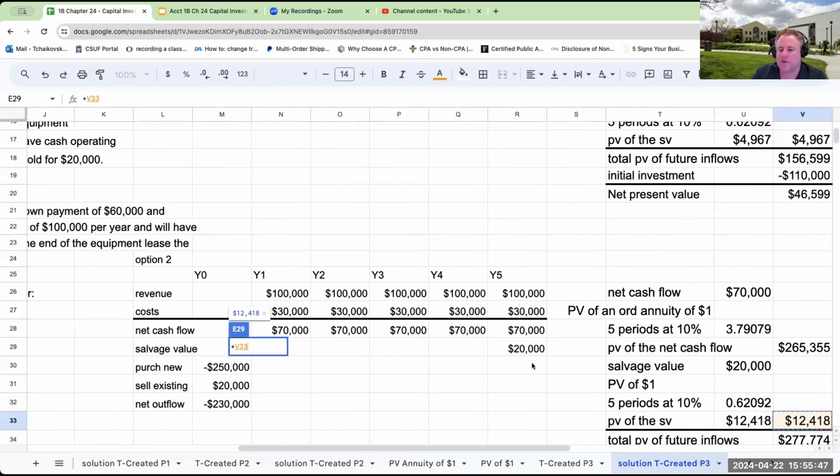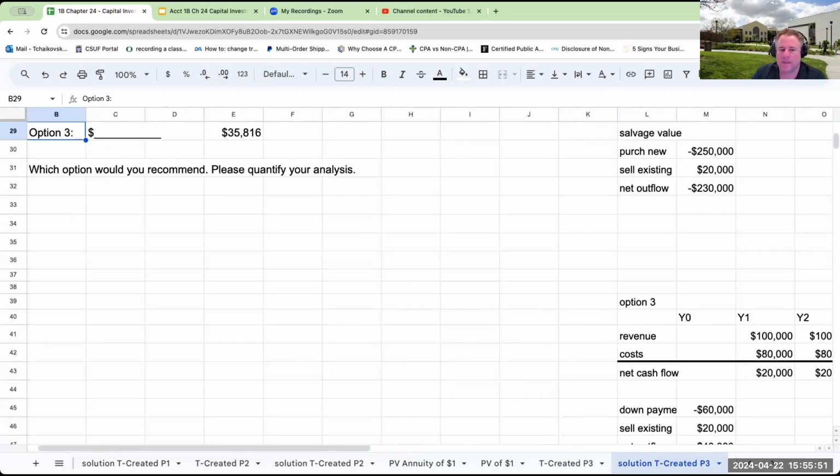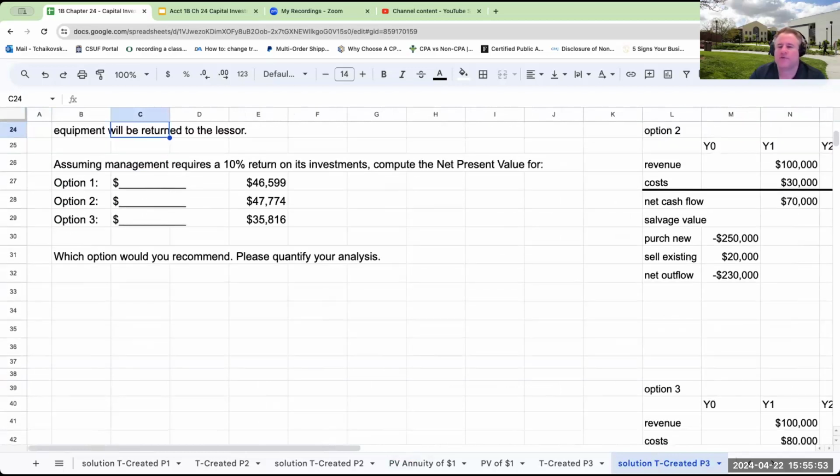Okay. So when I'm looking at the difference between these 3, when a student is looking at this in terms of what would you recommend, oftentimes what the student will say is that, well, the option with the highest net present value is option 2.